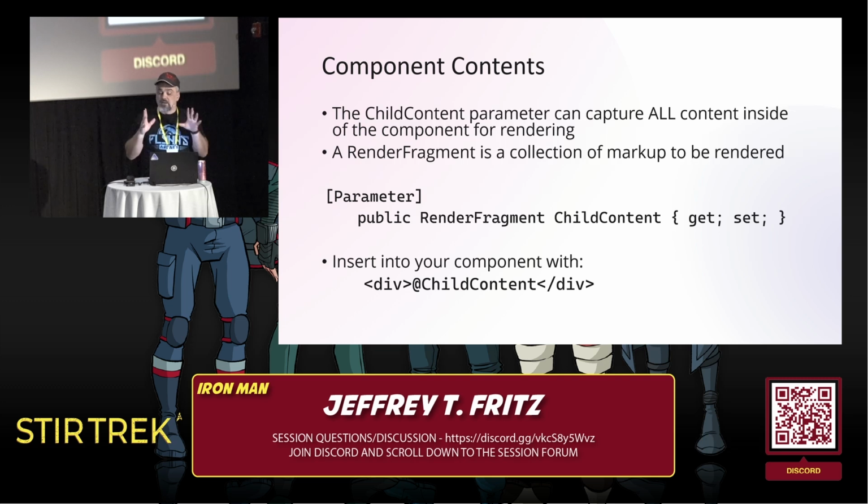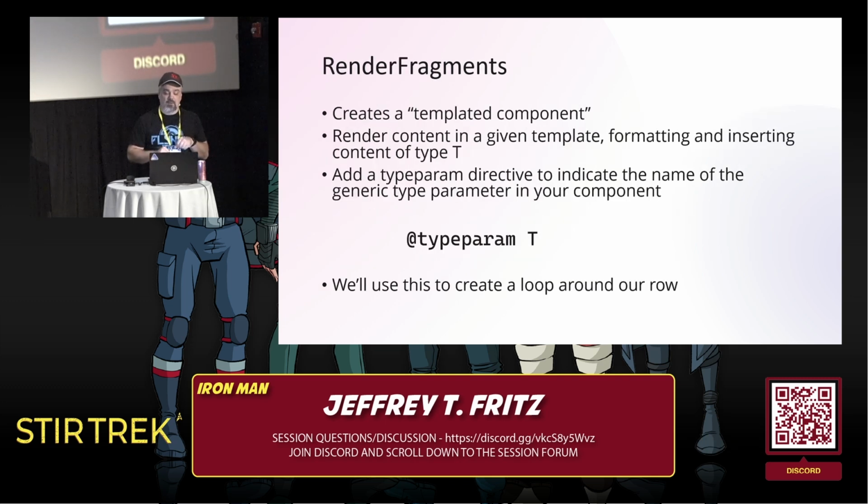Okay, so I can also specify a type parameter on that so that we can create a little bit of templated content. And we can pass that specific type into our template and let it do stuff with it.